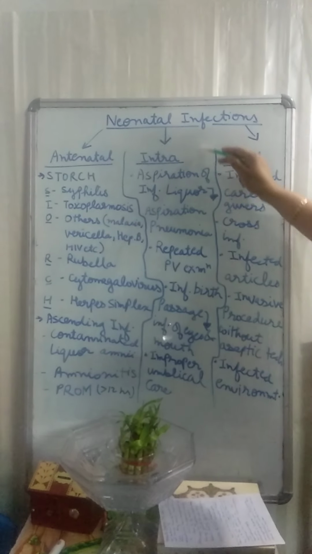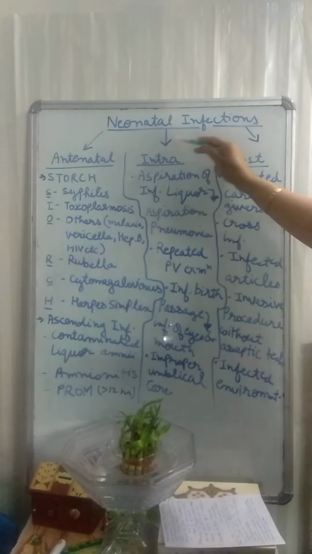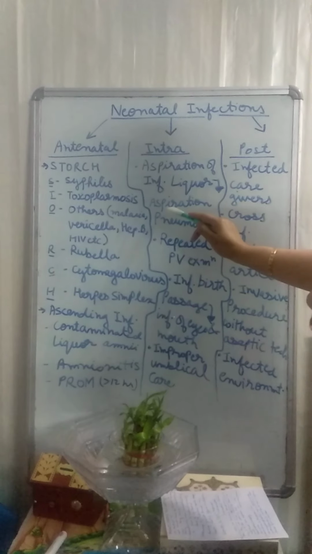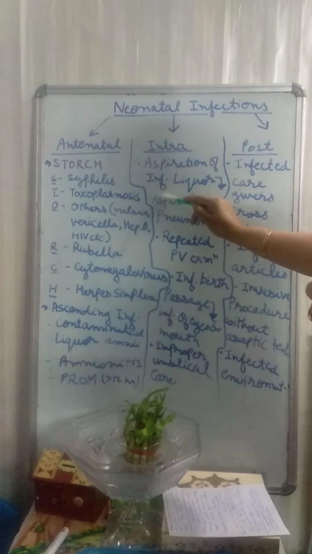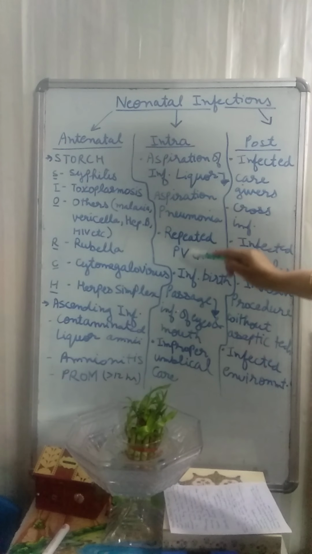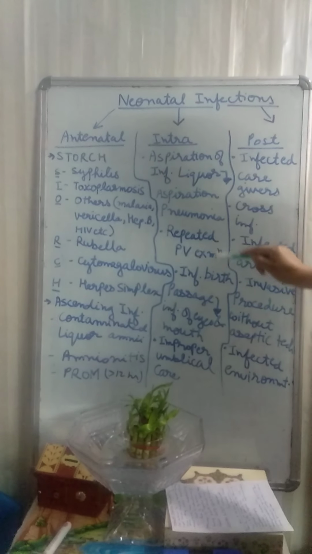Then comes the intranatal period. During the intranatal period, if there is aspiration of infected liquor by the fetus, this leads to aspiration pneumonia. This is again an infection in the neonate. Then repeated pervaginal examination.